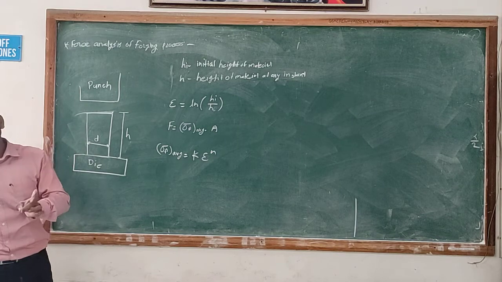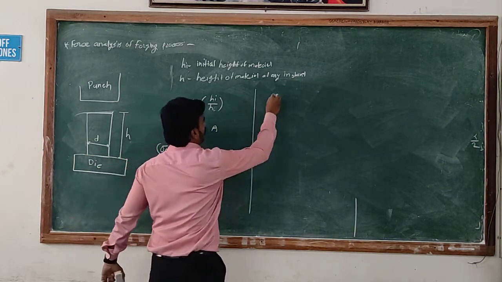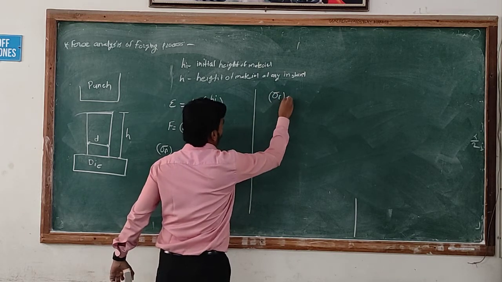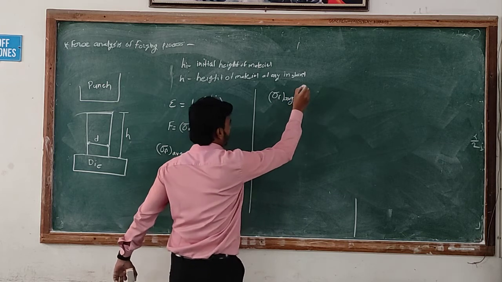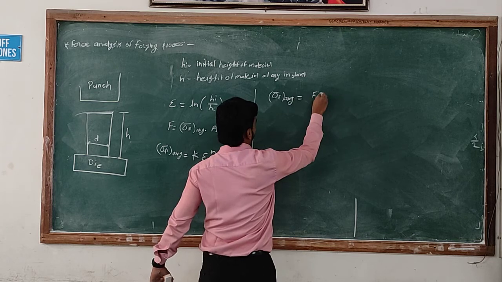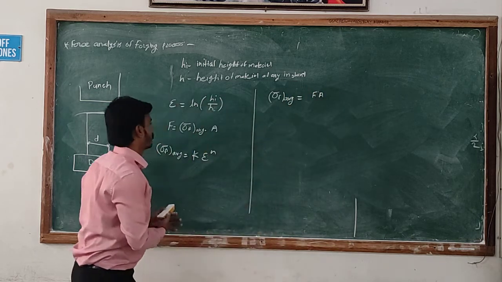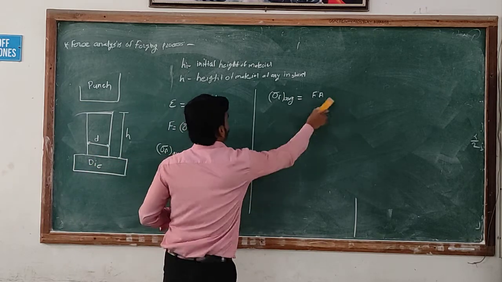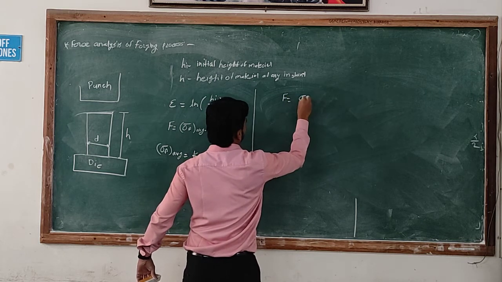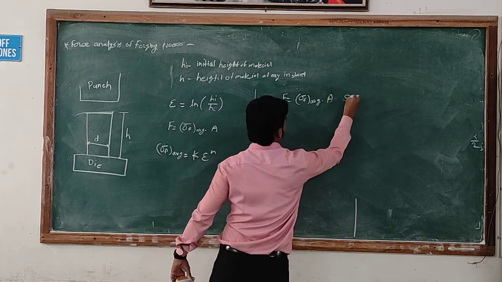But if we consider friction, then this formula changes: F is equal to sigma F average into area into SF.